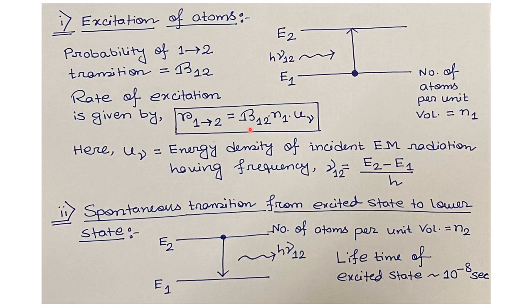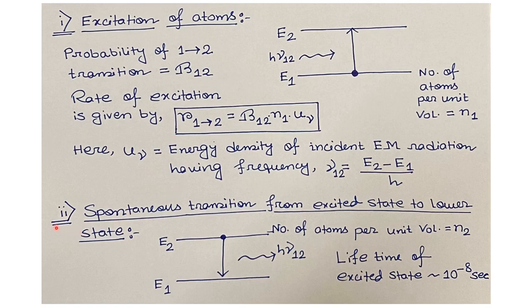Here B12 is the probability of transition from energy level E1 to E2, N1 is the number of atoms per unit volume at the ground energy level E1, and U nu is the energy density of incident EM radiation having the frequency nu12, that is, E2 minus E1 by h. Here h is the Planck's constant. This equation for the rate of excitation will be used at a later stage.